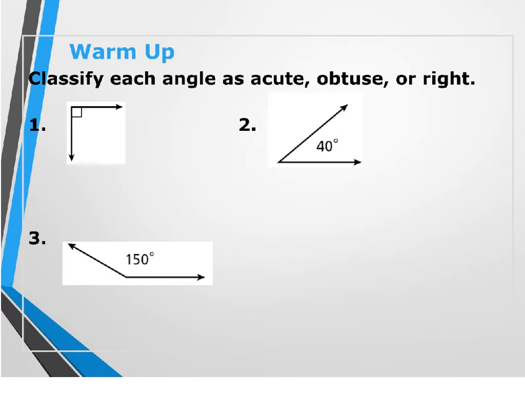All right, before we get into classifying our triangles in the next examples, we are going to look at classifying each angle as either acute, obtuse, or right, because these words follow us over into classifying triangles by their angle measurements. On number 1, this angle has a little right angle symbol, so that is a right angle.